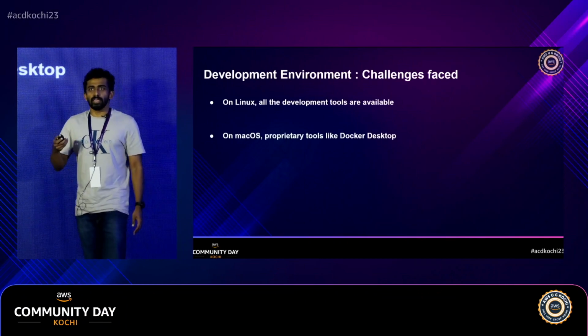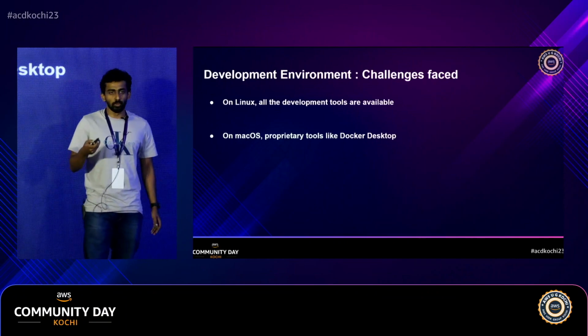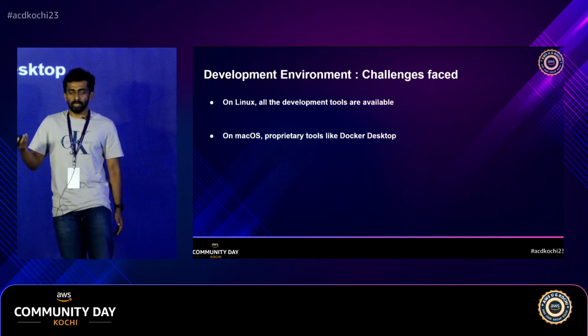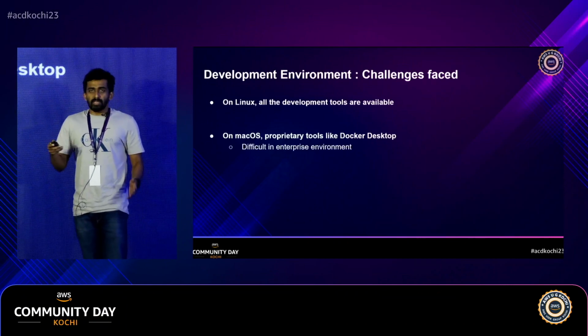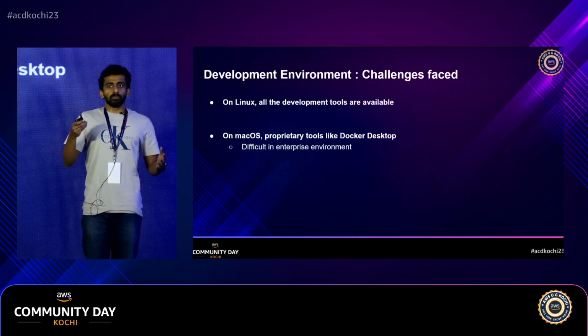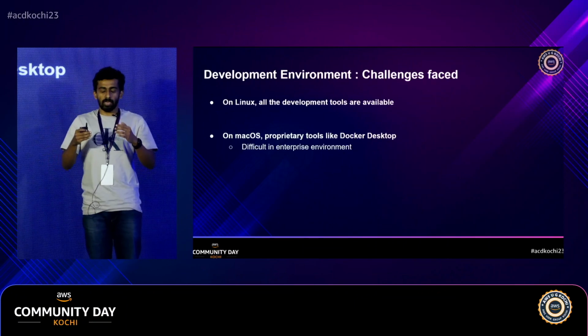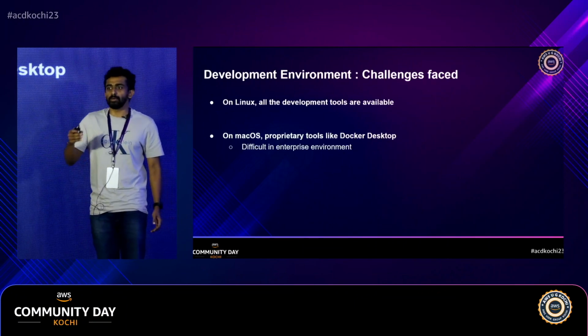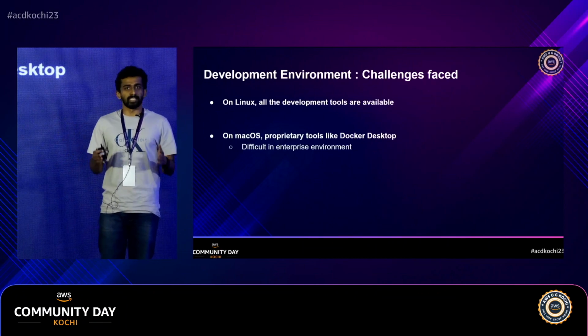But if you are on Windows or macOS, you may have to rely on proprietary tools like Docker Desktop or Rancher Desktop. Rancher is still free. For personal use, that is still fine. But if you think at an enterprise level, that is difficult. To get a Docker Desktop license for a company having 10,000 engineers is too difficult.